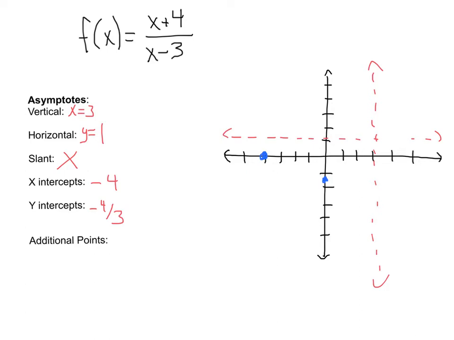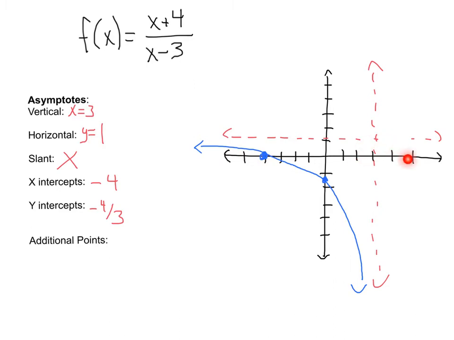Now once we have points on our graph, what we can do is we can draw lines that approach the asymptote. So this goes through the points, but it's going to go right alongside the asymptotes here. So we really don't need to plug in a bunch of other points over here.